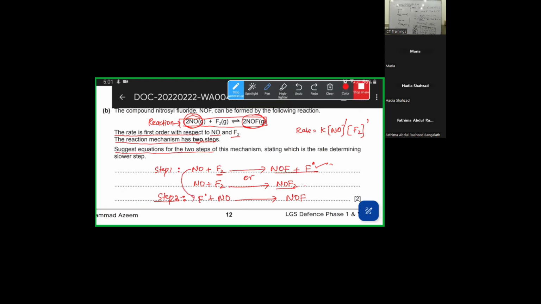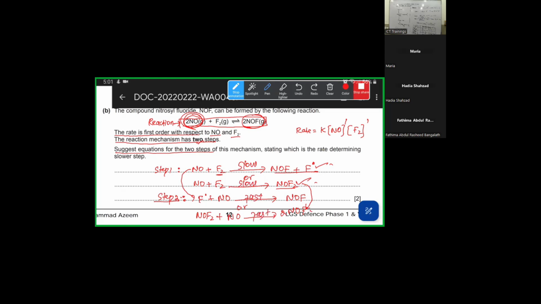And if you take NOF2 and one more NO up here, it would become 2NOF. This one is consistent with that. So that's your choice. You can make either, and this one is the slow step and this one is the fast step, or you can write this one as the slow step and this one as the fast step.